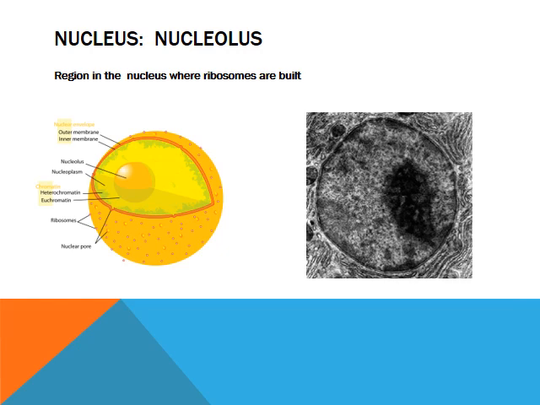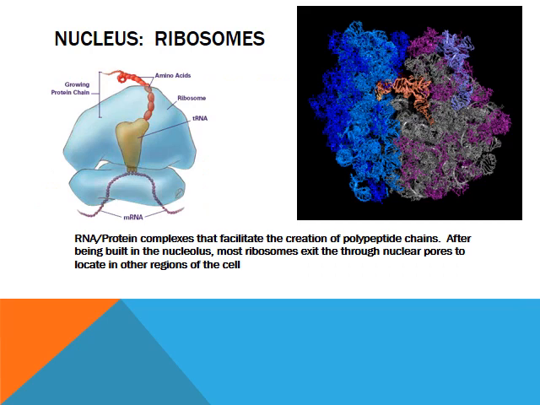They build the bonds between peptides. They build polypeptides. What kind of reaction is that? It is a condensation reaction. So the ribosomes help create polypeptides.